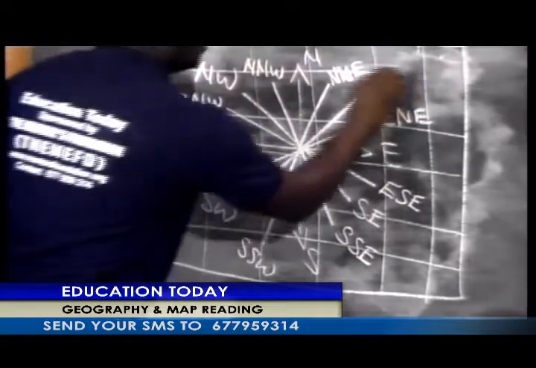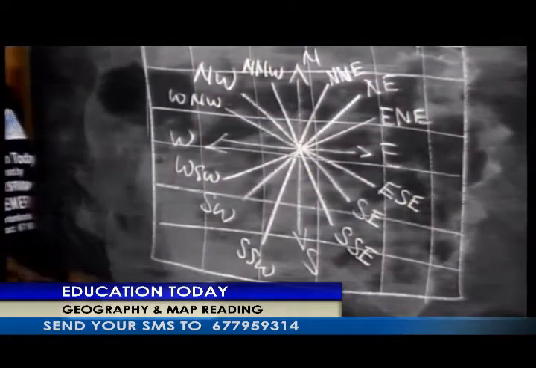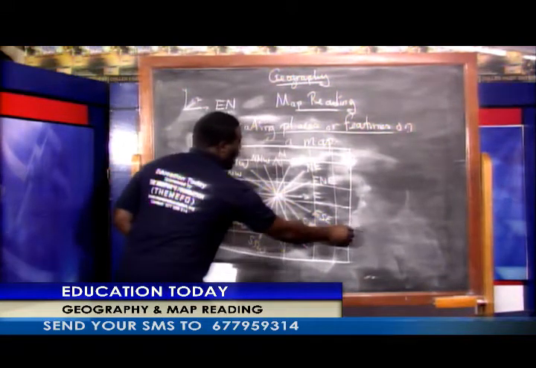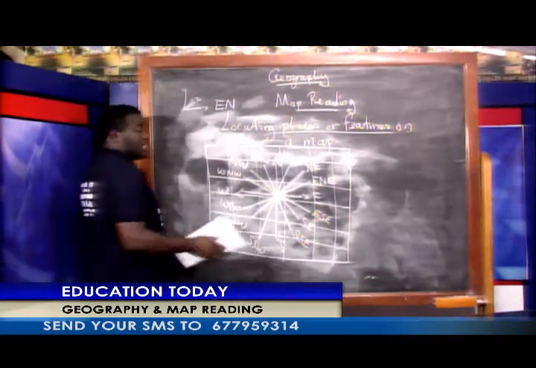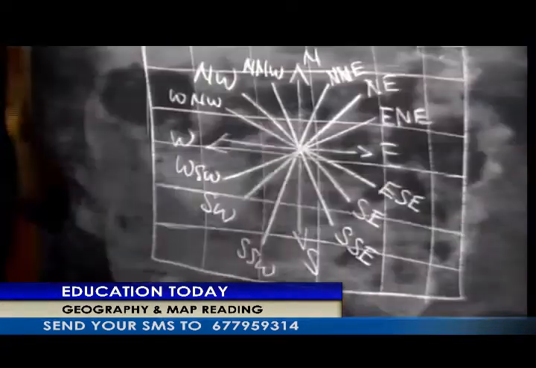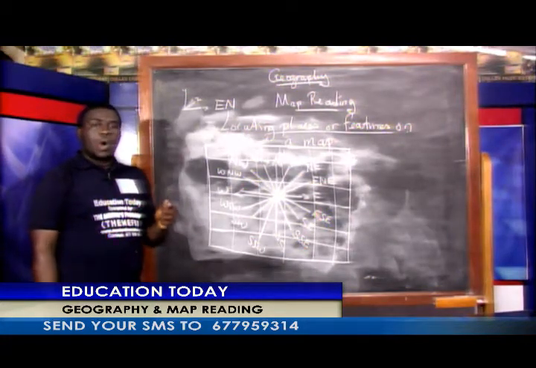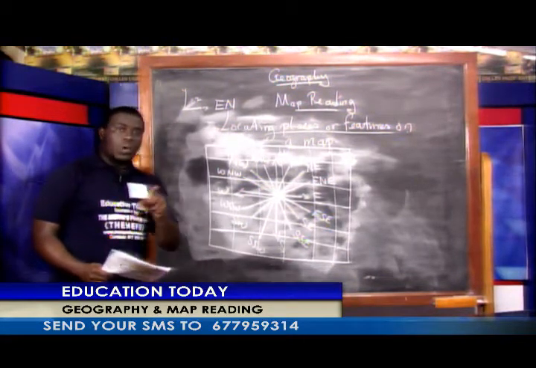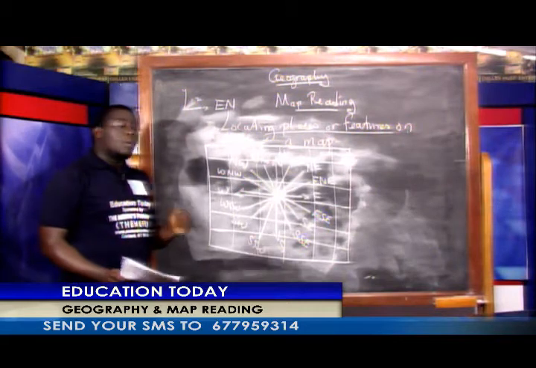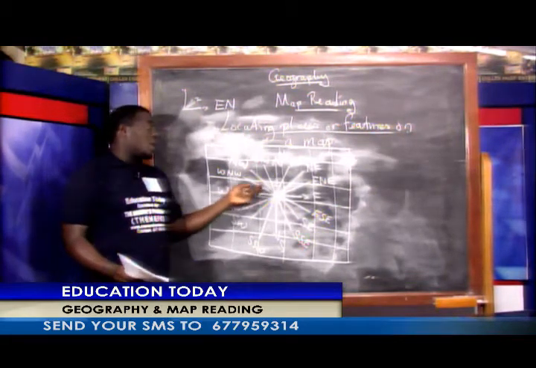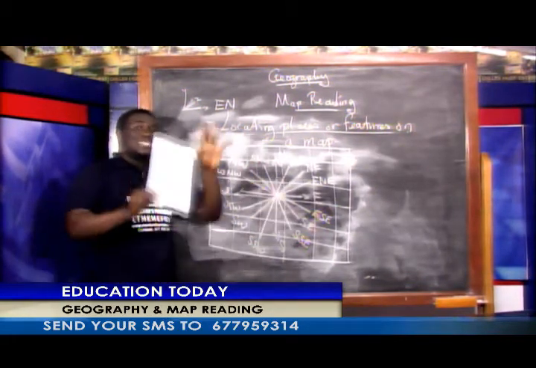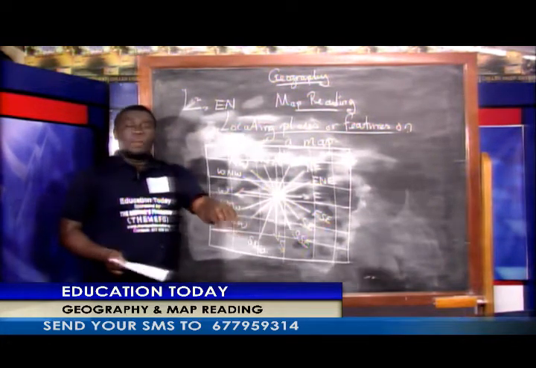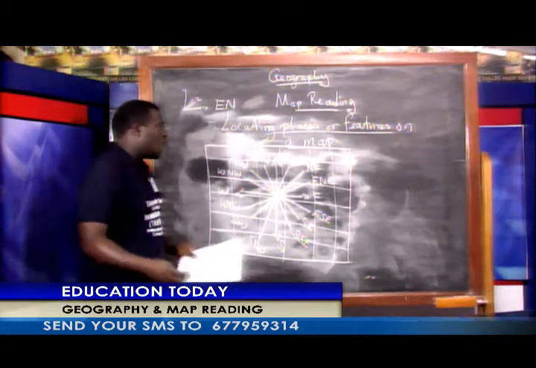You must use the cardinal point to give the actual location of that particular feature. Remember that the 6-figure reference is more precise than any other tool except the bearings. The 6-figure reference and the bearings give the actual location of that particular feature. But when we're using the 4-figure reference, it shows the square. The cardinal point shows the section where that particular feature is found, but does not give the actual position of the feature.